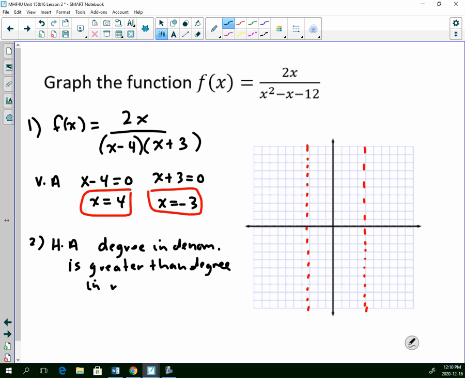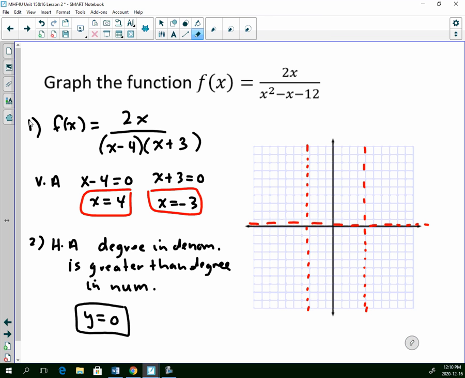So that means that my horizontal asymptote will be at 0. Okay, so we had three rules. If the degree in the bottom is bigger, it will be 0. If the degree in the top is bigger, it'll be oblique. And if the degree is the same, it will be the leading coefficient. So my horizontal asymptote is at 0. So I'll just draw that in.